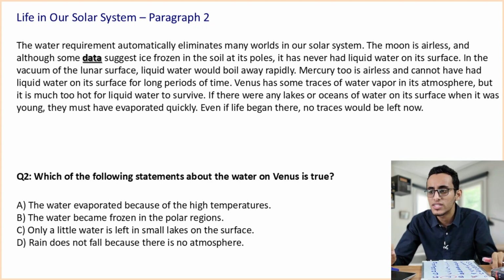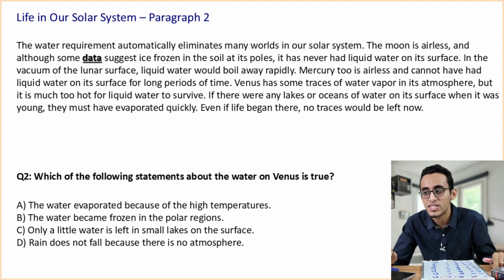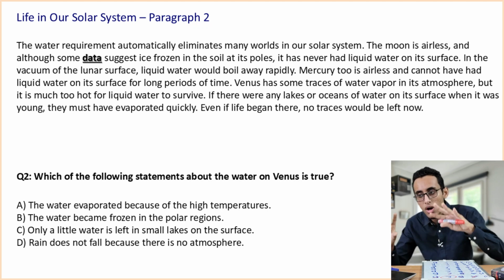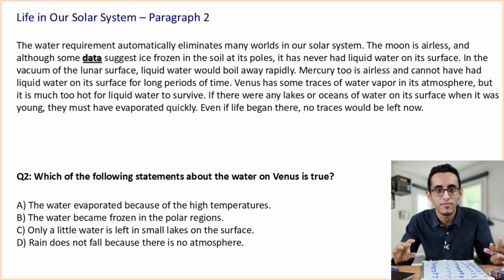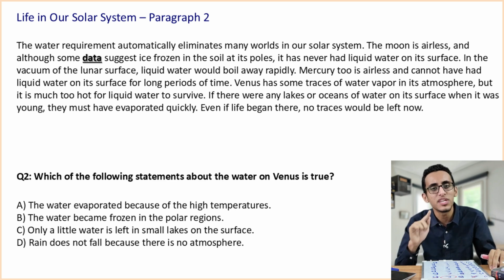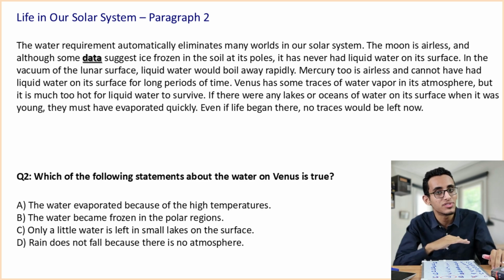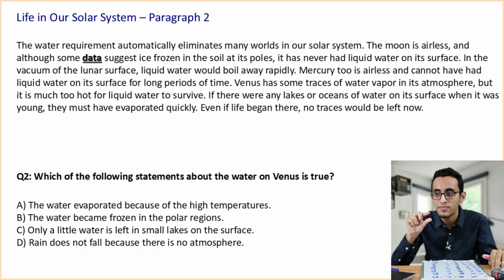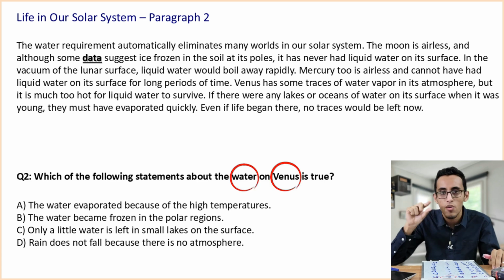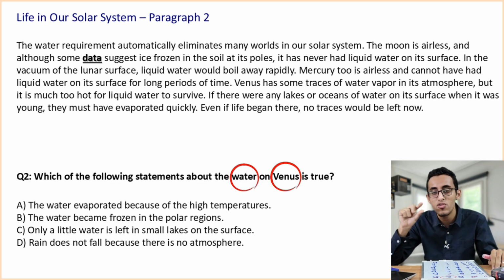Okay, let's move on. Question number 2. Which of the following statements about the water on Venus is true? Which of them? Don't read the answers. Don't even think to read the answers, because if you read them, you will fall into the trap. So don't read the answers. Take the keywords. Water on Venus.